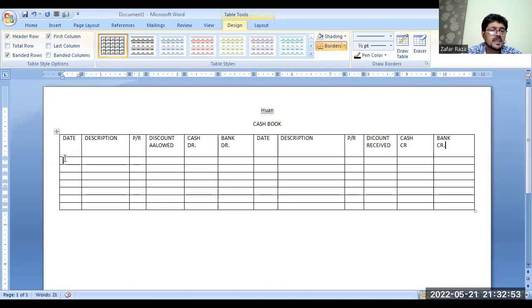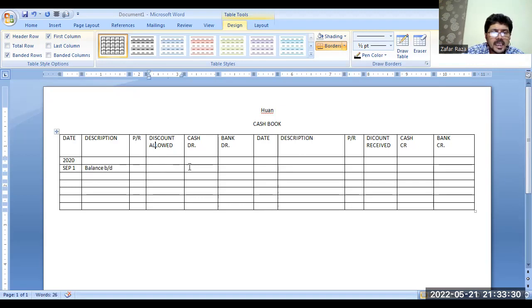So we'll write over here 2020, September 1st, balance reading. How much is the balance reading?